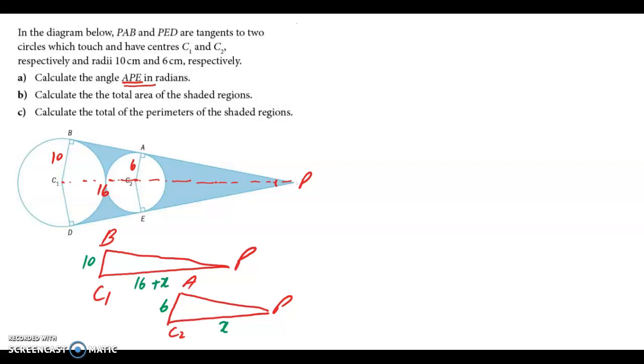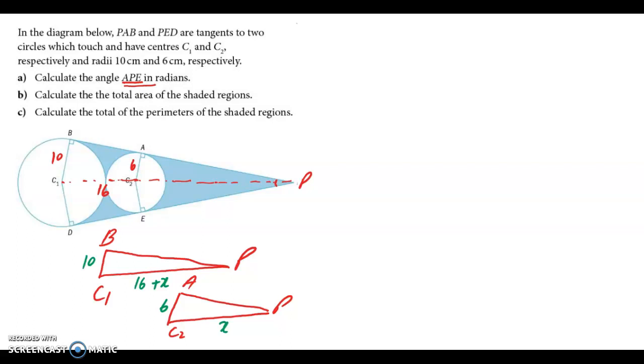Since we need to find an angle, even if we use the smaller triangle APC2, we need to know at least two sides since this is a right angle triangle. To find this missing side, since we constructed two triangles, we can use similarity.